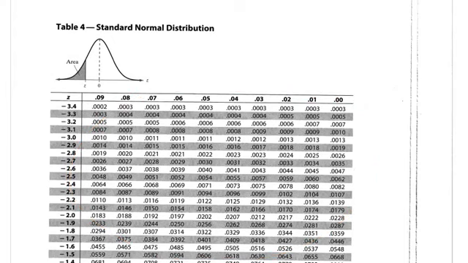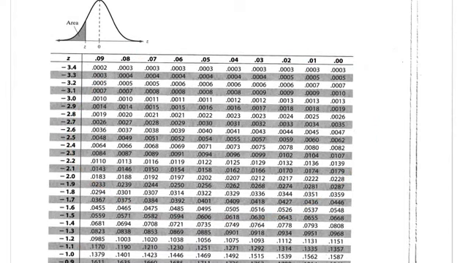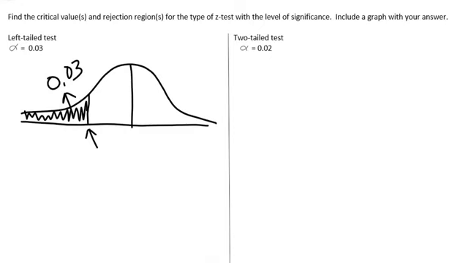So as I'm looking, I notice this value right here, 0.0301, and that's about as close as I can get to 0.03. So the z value that corresponds to that is negative 1.88.